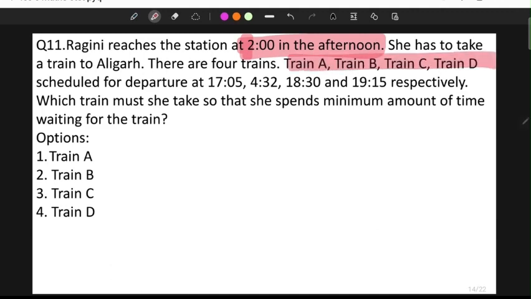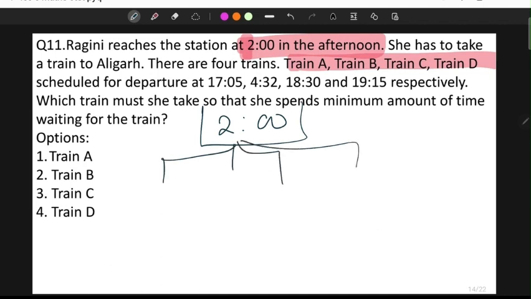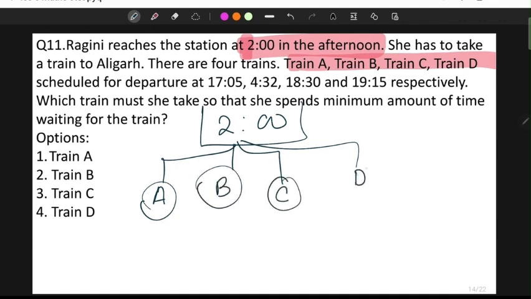She reached the station at 2, and after this she has to take a train, and for that she has four different options: option A is train A, option B is train B, option C is train C and option D is train D.